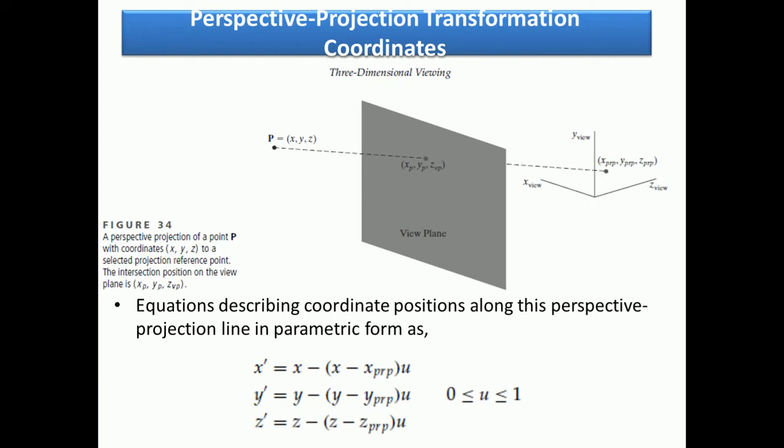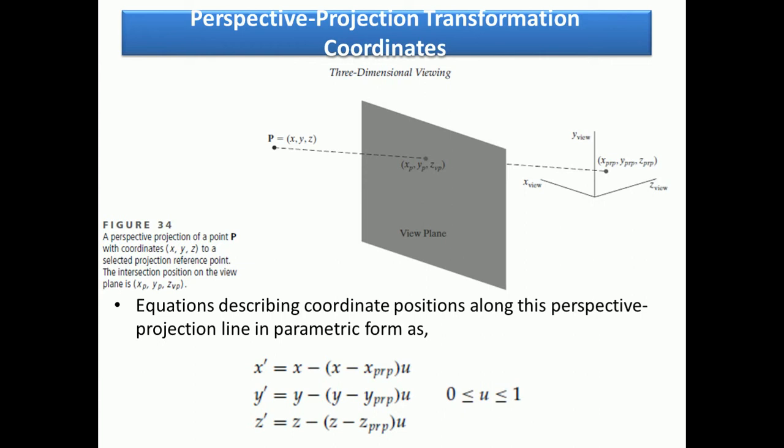As shown in figure 34, the projection path of a spatial position x, y, z to a general projection reference point at xprp, yprp, zprp. The projection line intersects the view plane at the coordinate position xp, yp, zvp, where zvp is some selected position for the view plane on the zv axis.